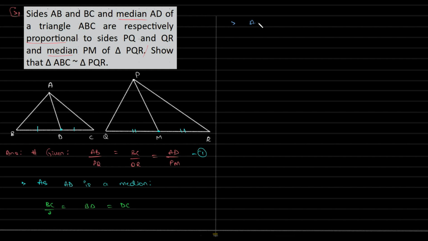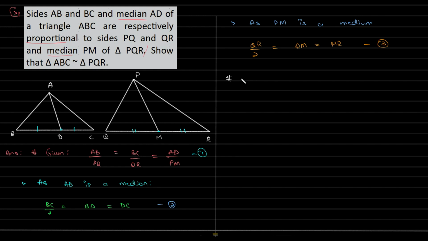This is equation 2. Next, as PM is a median, we have QR by 2 is equal to QM is equal to MR. This is equation 3. So always write things.